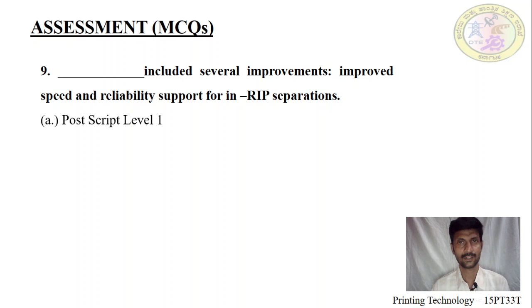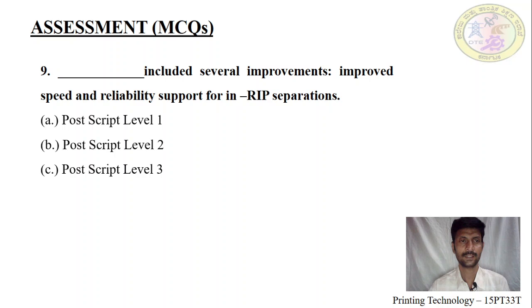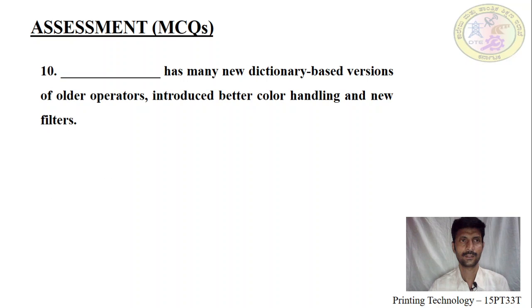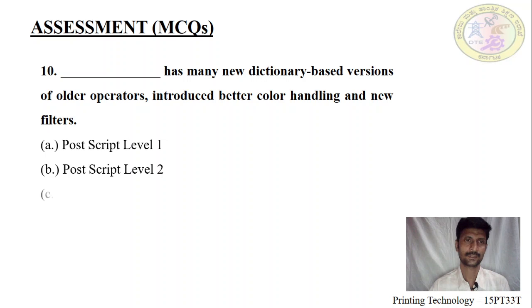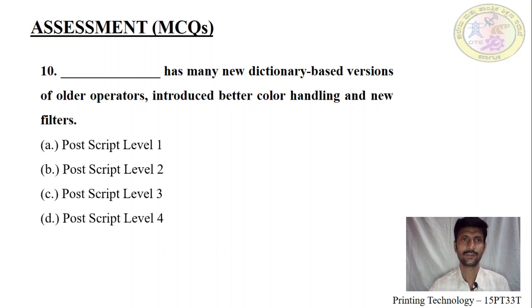This is the next version of black and white image support. PostScript Level 1, 2, 3, and 4. Dash has many dictionary-based versions of older operators, introduces better color handling and new filters, along with time reduction. PostScript Level 1, 2, 3, and 4.